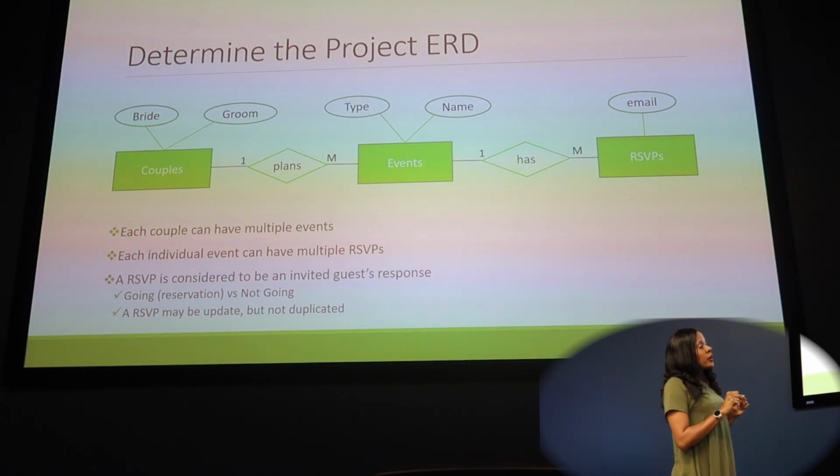I put a note there just to remind you, if you look at it later, our RSVP is considered to be an invited guest response. It's basically looking at going versus not going.